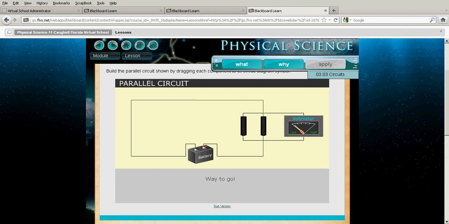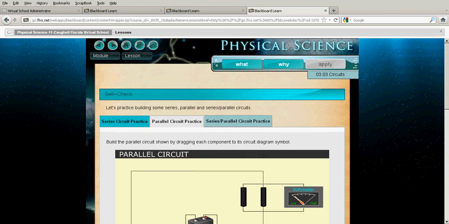This is what a parallel circuit looks like. Let's say if it gets broken, that's okay. It can go through and go around here. So even if it's a broken circuit, it's all right. It will work just the same.